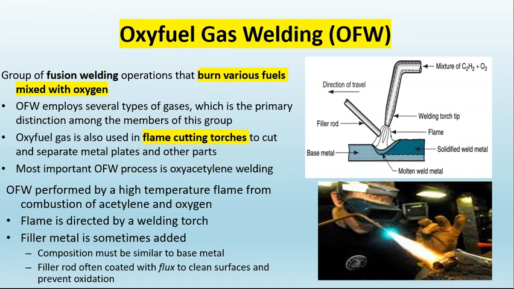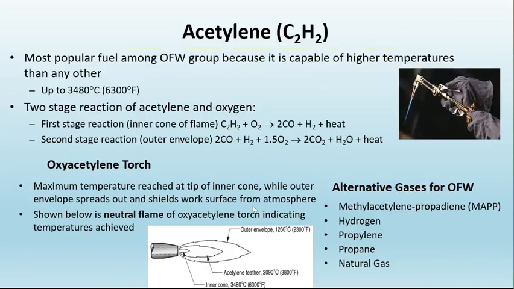Now we're going to the group of oxy-fuel gas welding. This one has oxygen involved, so they use a flame cutting torch. They have the mixed gas coming through here, and they will produce this flame. The flame is directed by a welding torch.